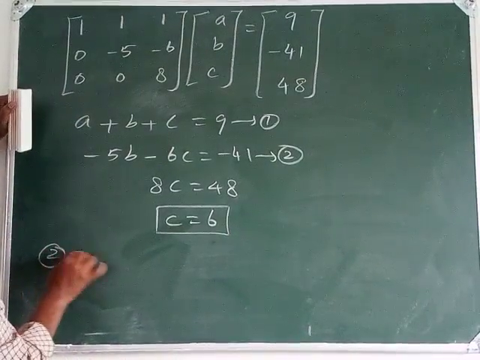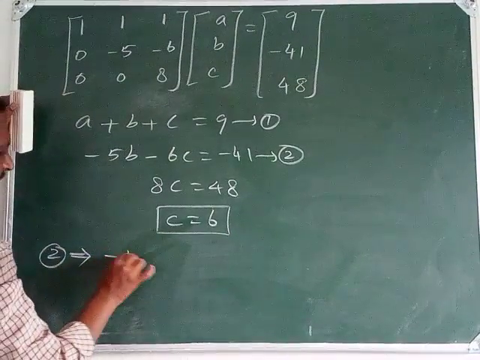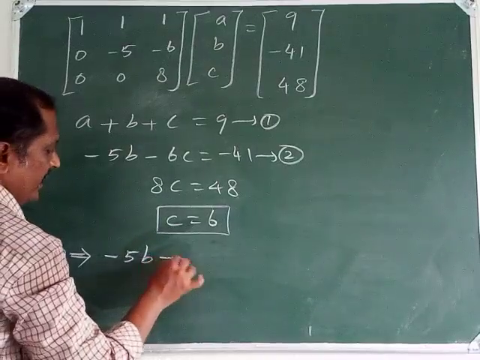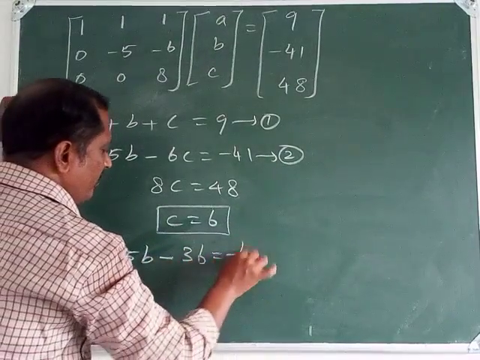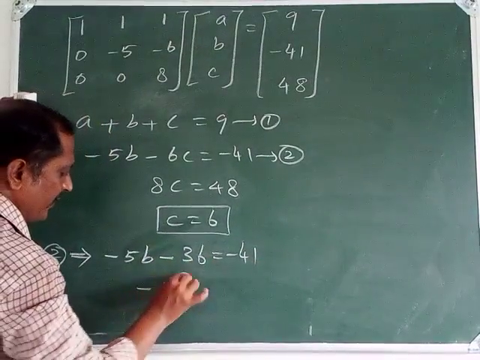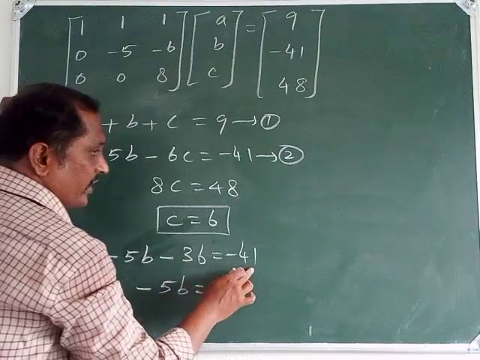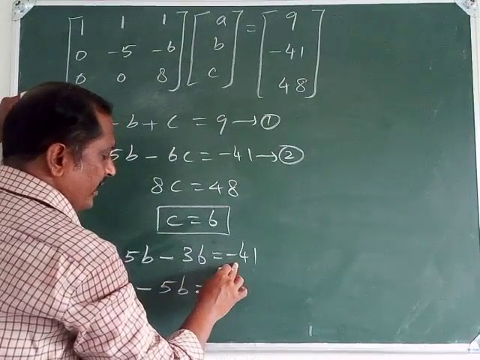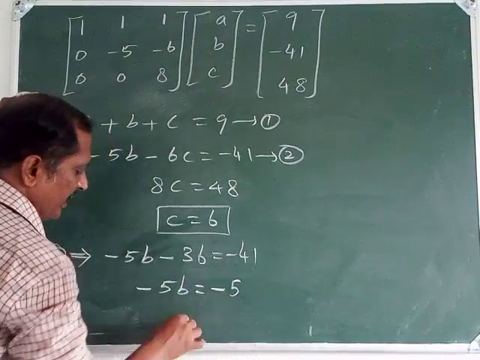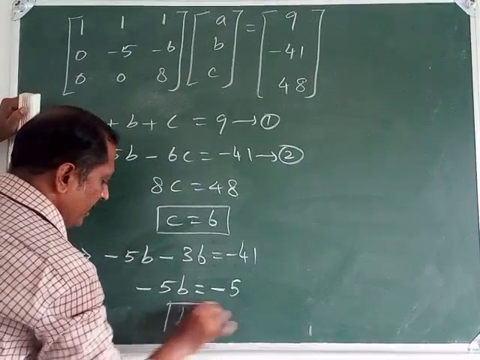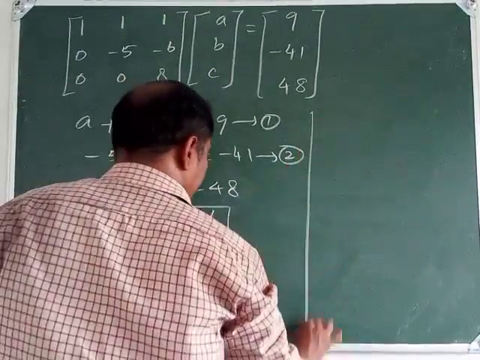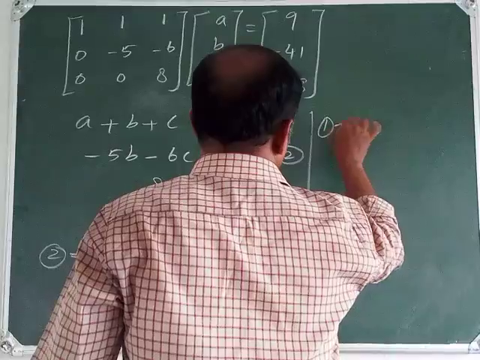C value is substituted in the second equation. We get minus 5B minus 6 times 6, which is 36, is equal to minus 41. So minus 5B is equal to minus 41 plus 36. Minus 5B equals minus 5, minus and minus cancel. So B answer is equal to 1. And then substitute these values in the first equation.